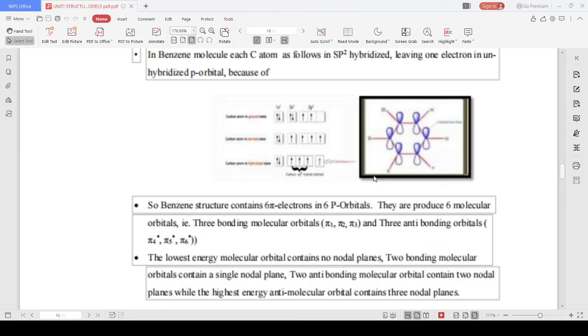The lowest energy molecular orbital contains no nodal planes.